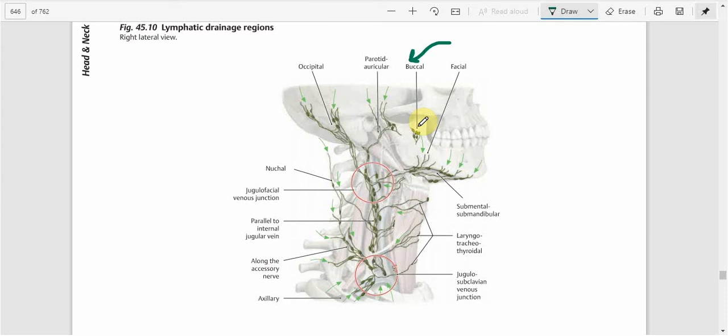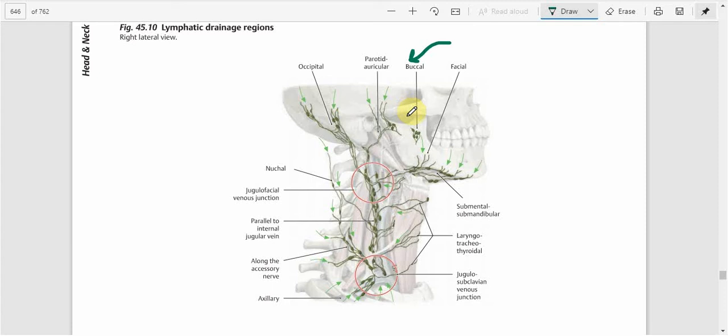The buccal lymph nodes are superficial to the buccinator muscle, and that is all you need to know in order to understand the location and the category. Superficial lymph node location lies on the buccinator, right? So this is the first.